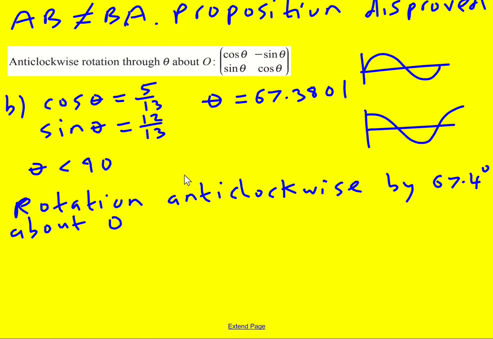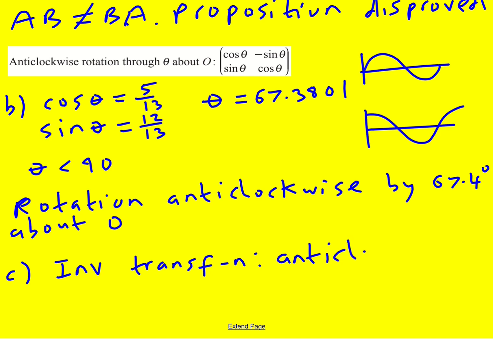The inverse transformation, well, there's two ways you could do it. You could do clockwise by 67.4 degrees, or actually, because we want to work in terms of anti-clockwise, it can be anti-clockwise by minus 67.38, i.e. minus theta.